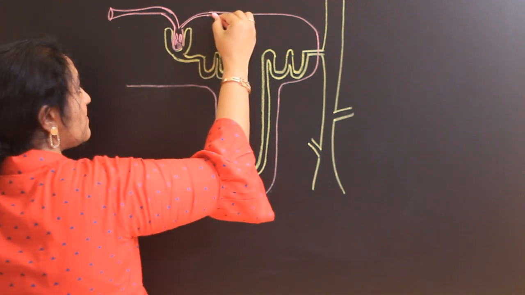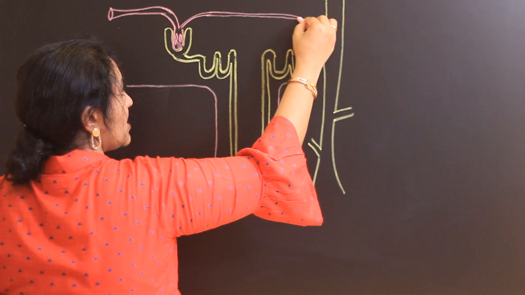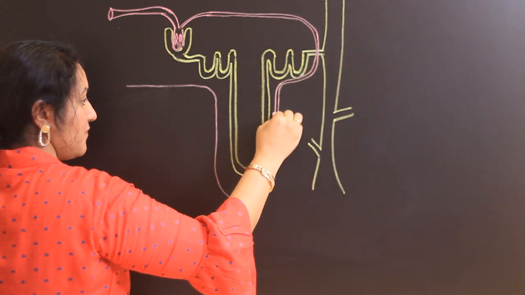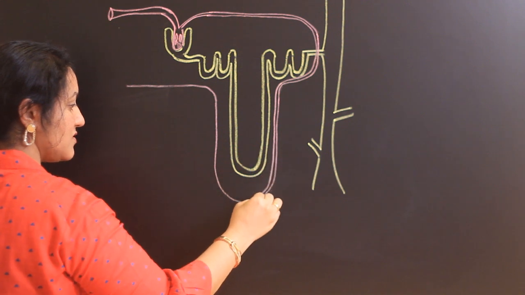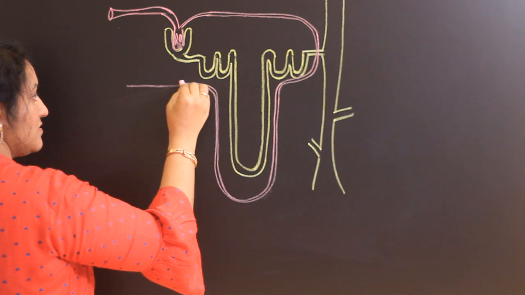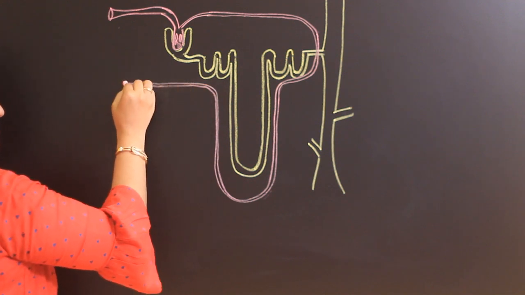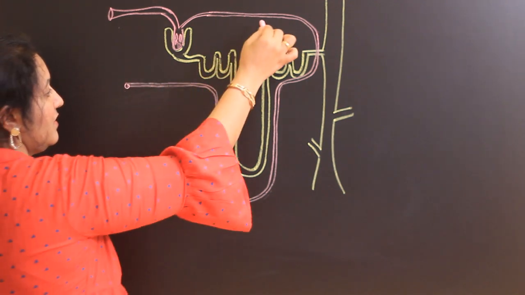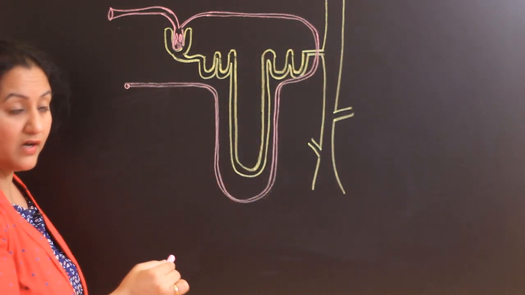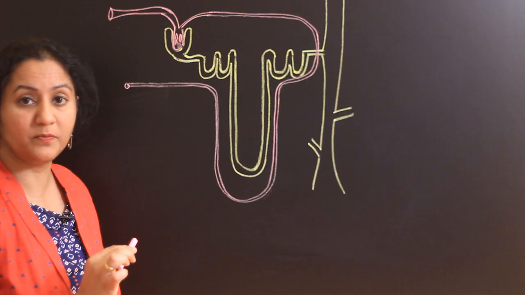Now see, all these blood vessels we have to draw double lines. In biology, always draw double lines for the blood vessels. So we draw now. You have to draw few Y's over here, which shows the peritubular capillaries.